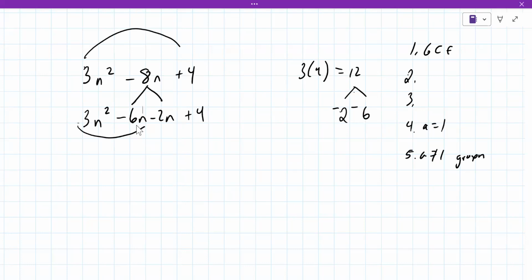Thank you. And then so 3n squared minus 6n minus 2n plus 4. So that'll be 3n parentheses n minus 2, minus 2 parentheses n minus 2.